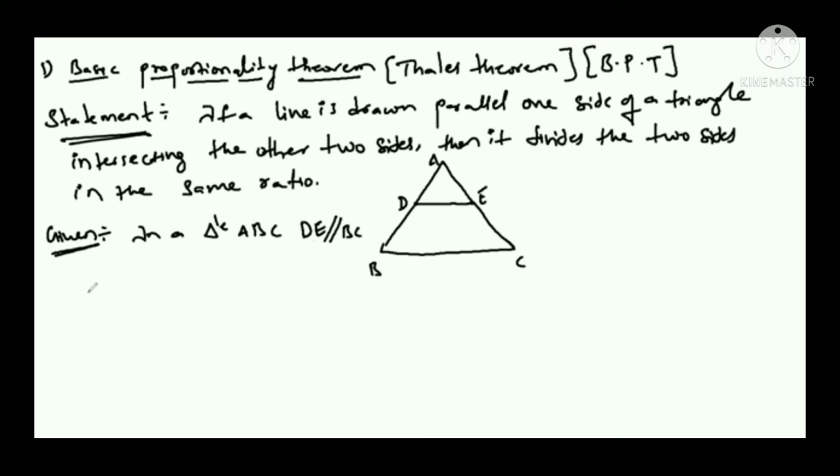Next, to prove. What is it asking us to prove? It divides the two sides in the same ratio, which means this by this is equal to this by this. That means AD divided by DB is equal to AE divided by EC.